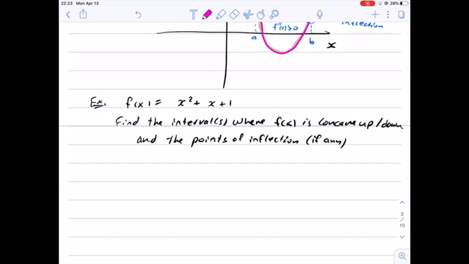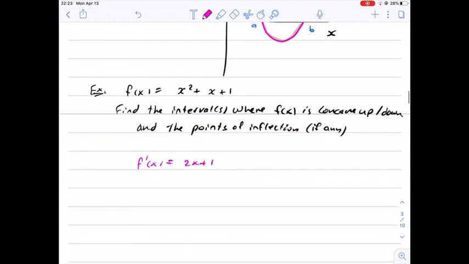So in this case, we need to find the second derivative. So we first find the first derivative. So f prime of x is equal to 2x plus 1.